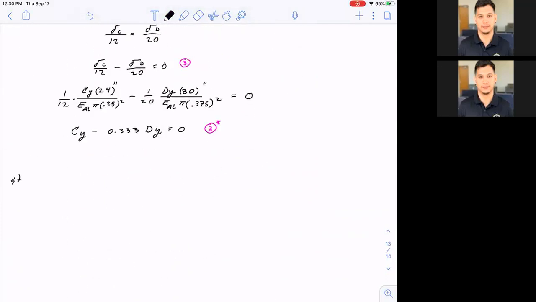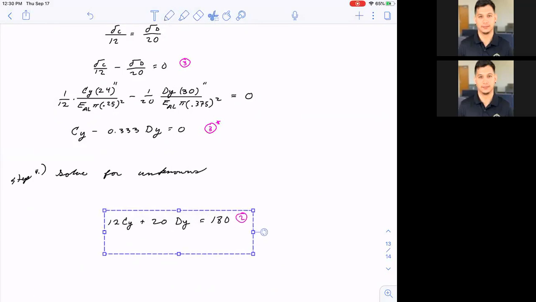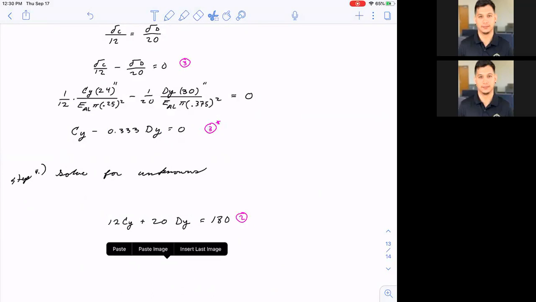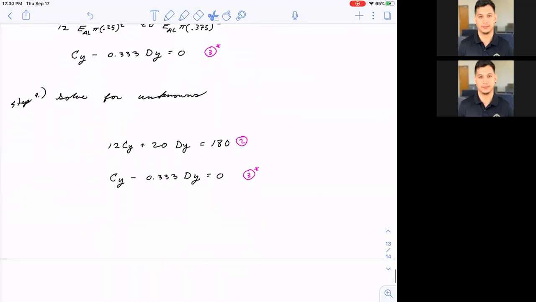Okay. Step 4. Let's solve for the unknowns. So we'll take equation 2, equation 3, right here. We'll solve this system of equations.